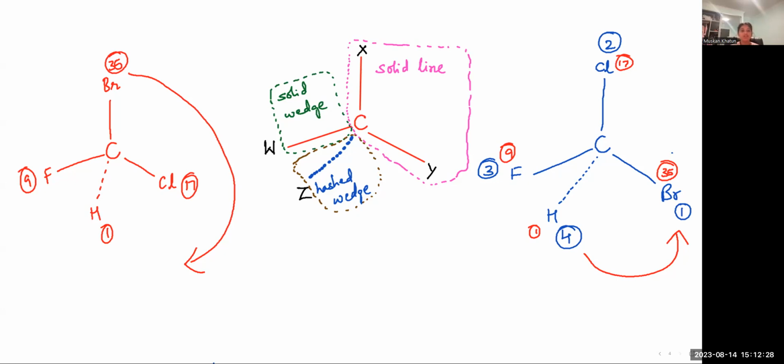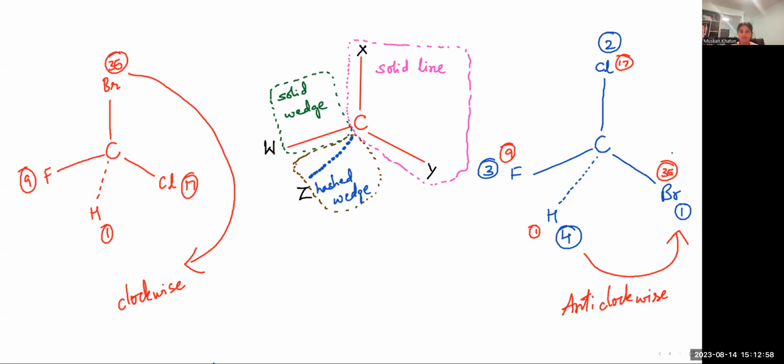Even if there's something in between, like sulfur or something like that, it won't matter at all because you've already gotten the first two. Is that understood? Yes.